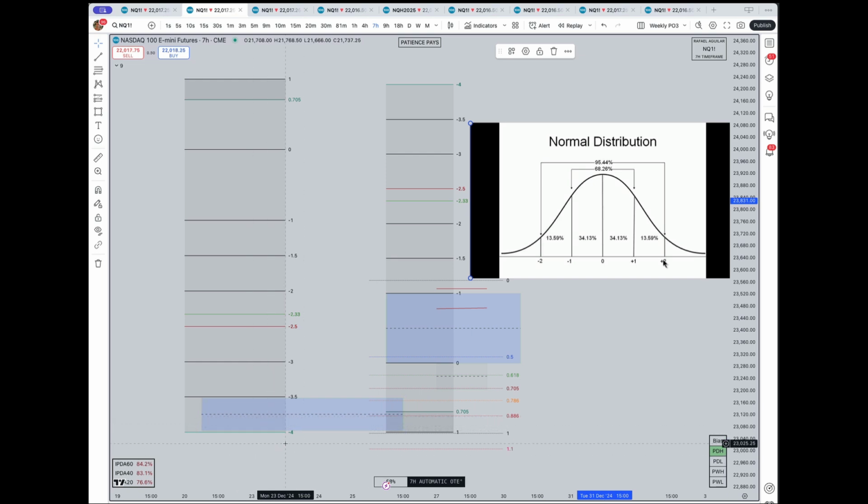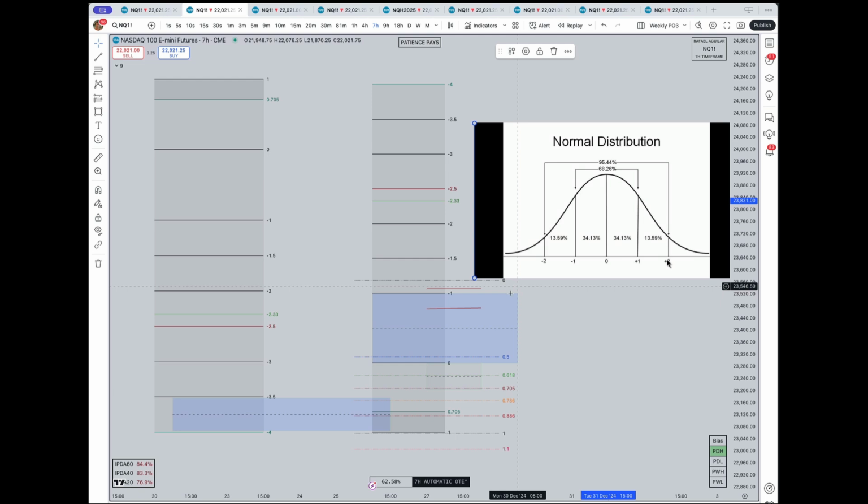But if I start trading when this has already happened and I missed it, and price is starting to go up, sometimes if I don't get these levels, I don't trade. I want to enter the trade between the 705 and 786. Those are the best zones. Why?